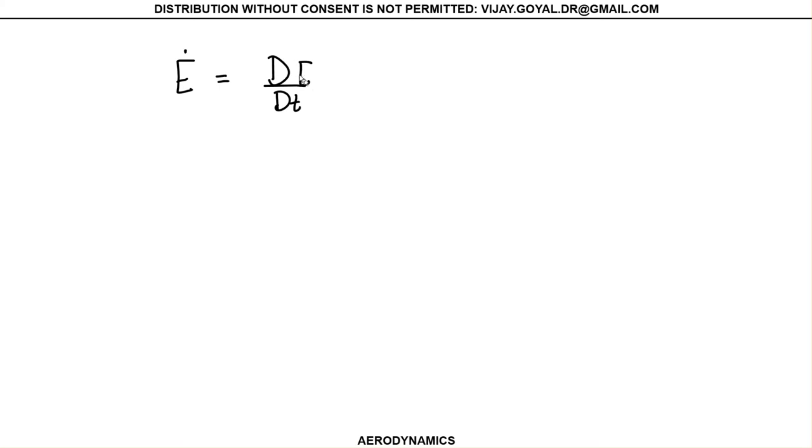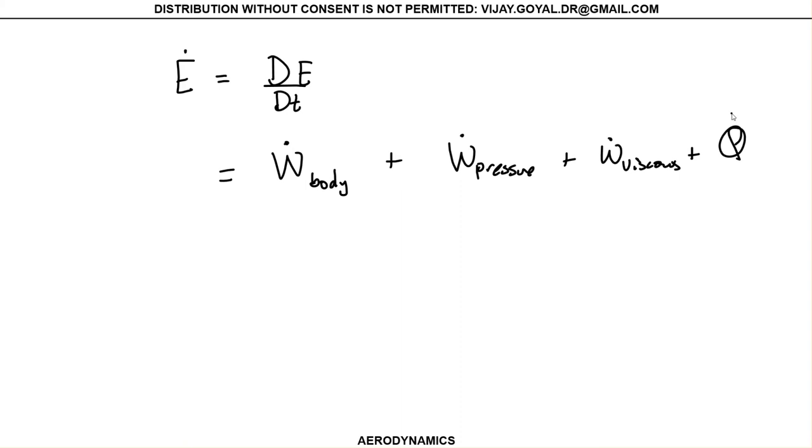This is the total derivative of E. And if you go back to the equation, this is nothing else than the work done by the body forces, plus the work done by the pressure, plus the work done by viscous loads, plus your rate of change of heat.